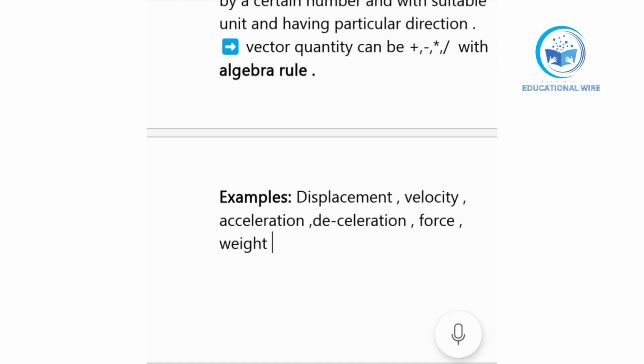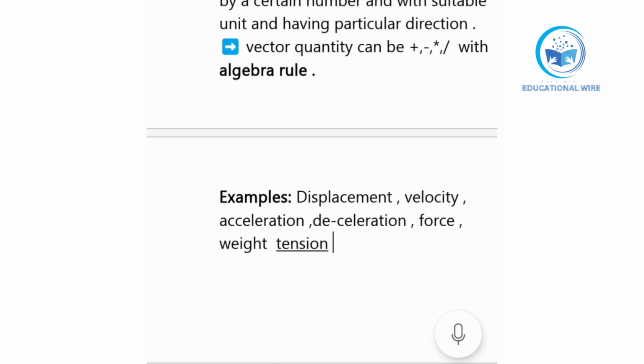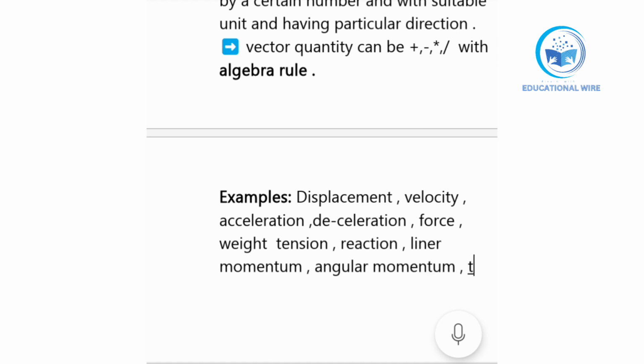Weight is a vector quantity. Tension is a vector quantity. Reaction is also a vector quantity. We have linear momentum, angular momentum, torque, impulse, and shearing stress. So these are all examples of vector quantity.